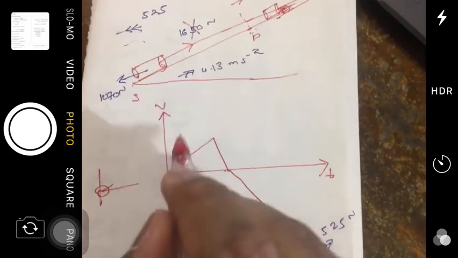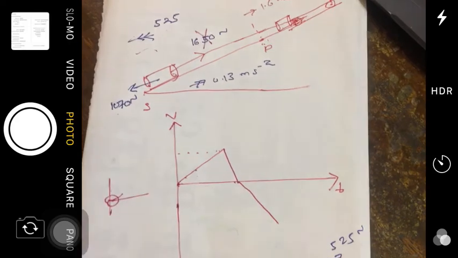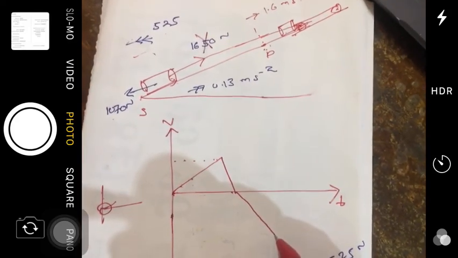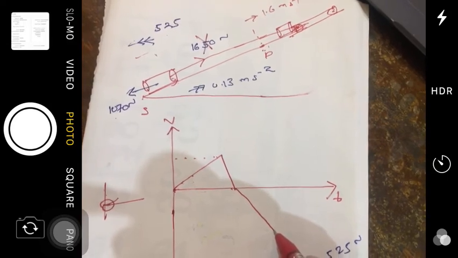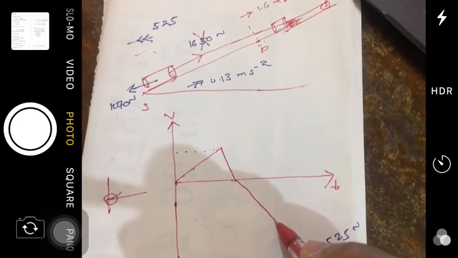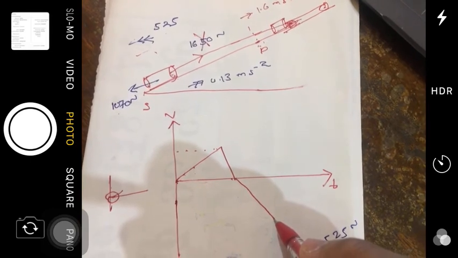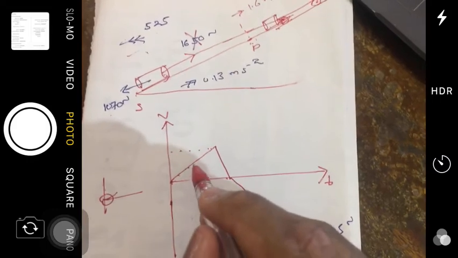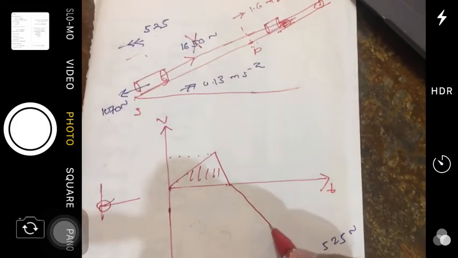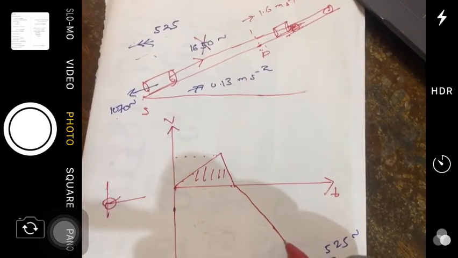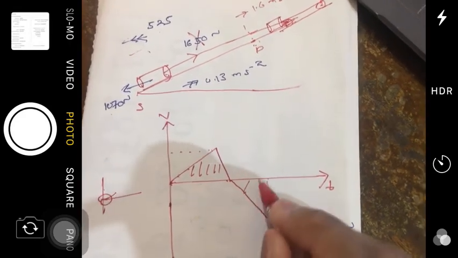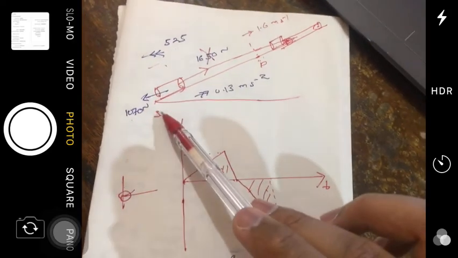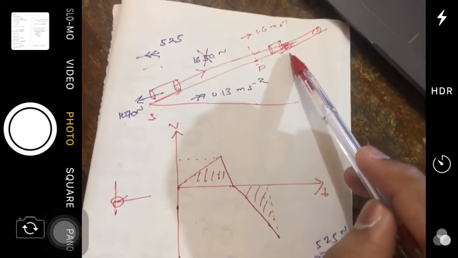And compared to the maximum velocity in stage 1, the final velocity here will be greater. Why? This area here and the area that's going to be here should be equal, because both the areas are equal to S2, that maximum height.